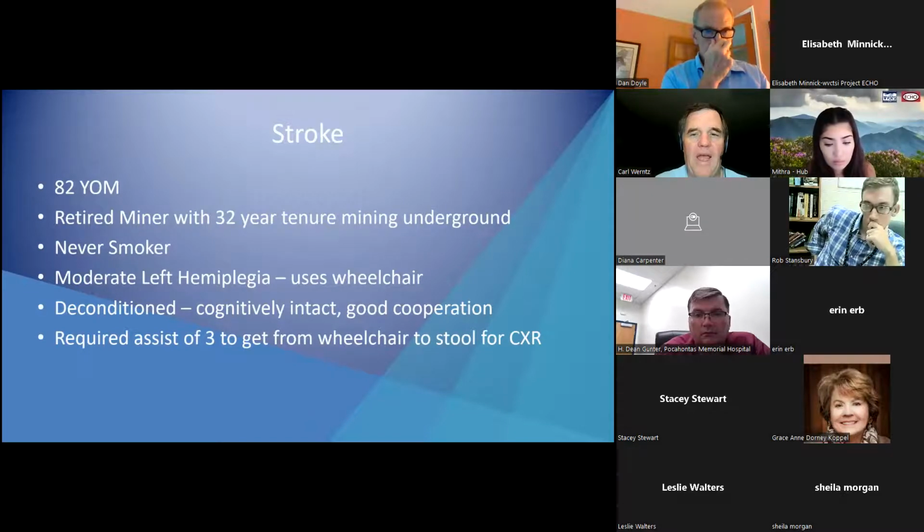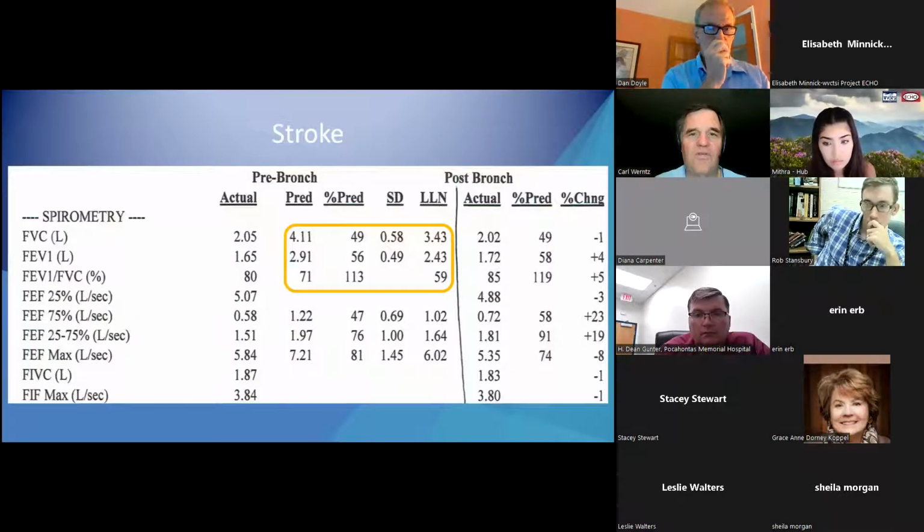And so these were his results from spirometry. The FVC was 49% predicted, FEV1 was 56% predicted, and the ratio was 71%. That would normally be interpreted as severe restrictive disease.